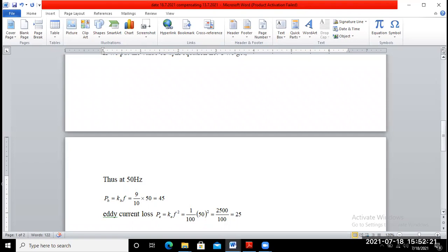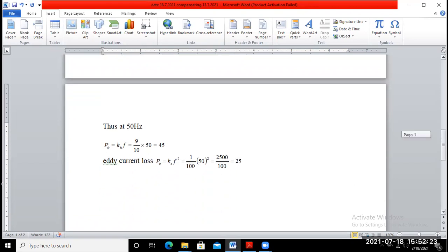In the previous problem we found the coefficients of the eddy current loss and hysteresis loss, and found the hysteresis and eddy current loss at another frequency. So the relationship between the core loss in terms of frequency and maximum flux density.